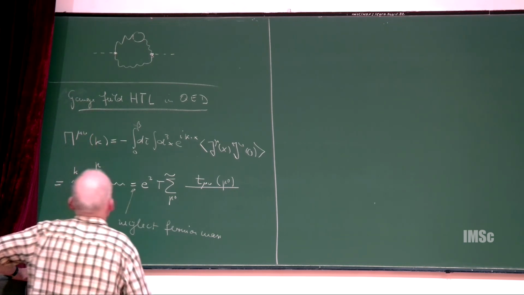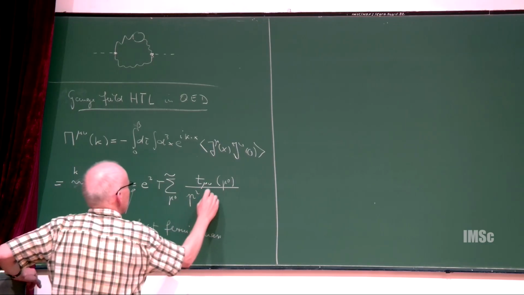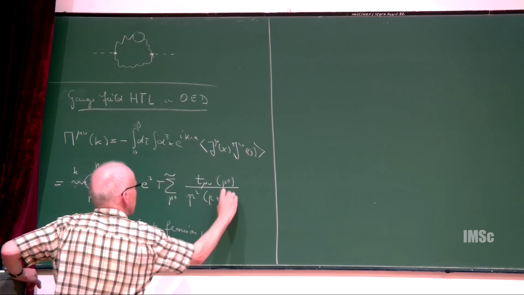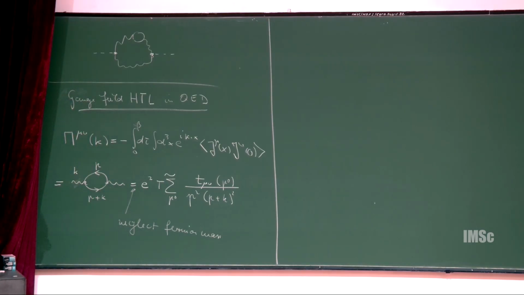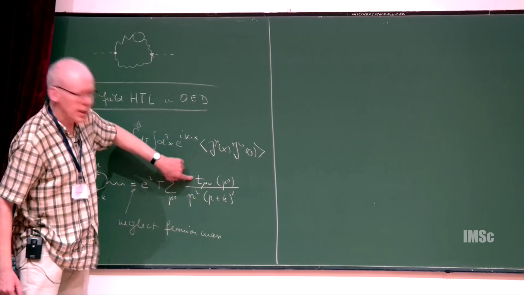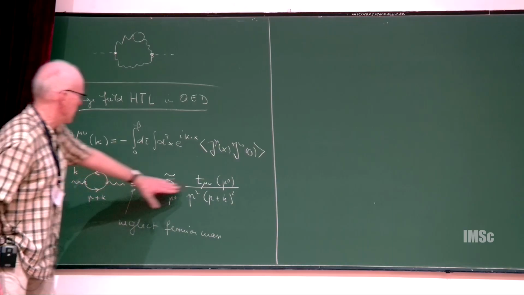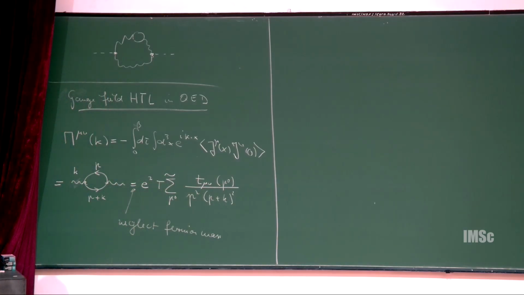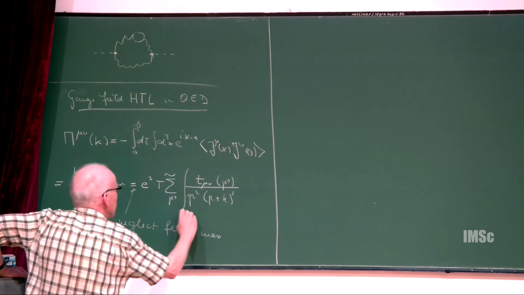And downstairs we have p squared from this propagator, and then p plus k squared from the other propagator. So here you have poles from this thing downstairs, and upstairs there are no poles. So this is why we don't have to specify this so well. And of course we also integrate here over the spatial momentum p.